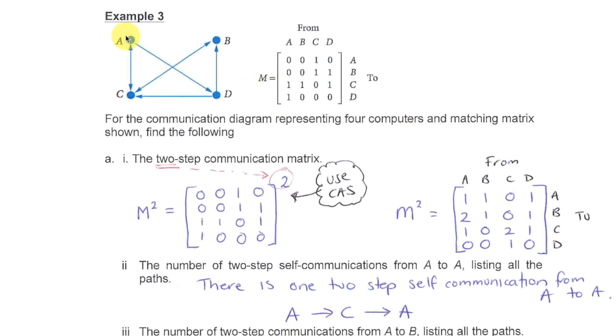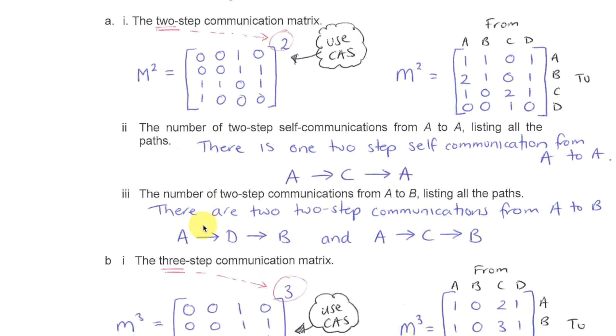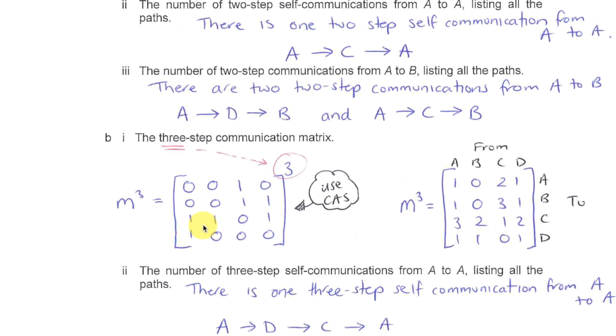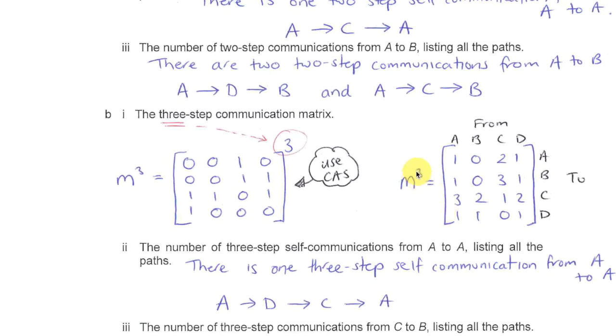We can go from A down to D, across to C, and then back up to A. So we start from A, we get back to A, and it involves three steps. And that is the only one that's possible. Again, we know that because if we look at our M cubed matrix, there's a 1 from A to A.